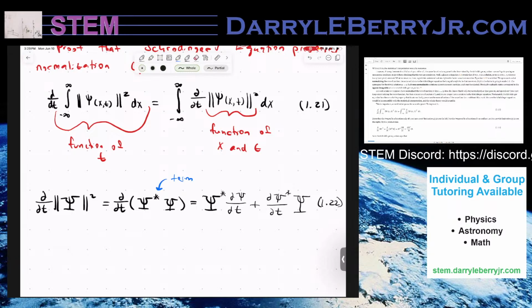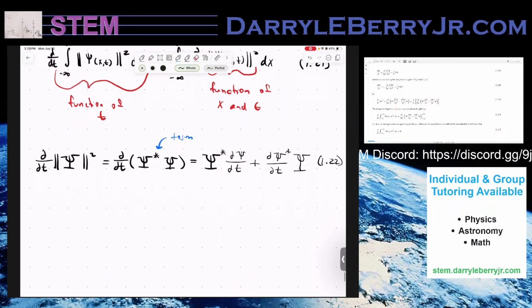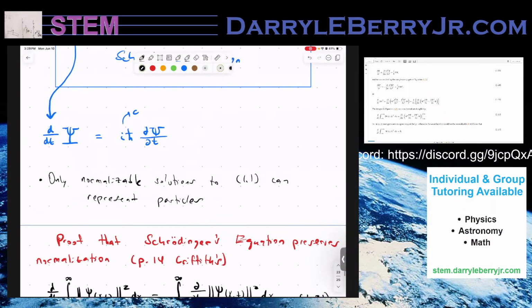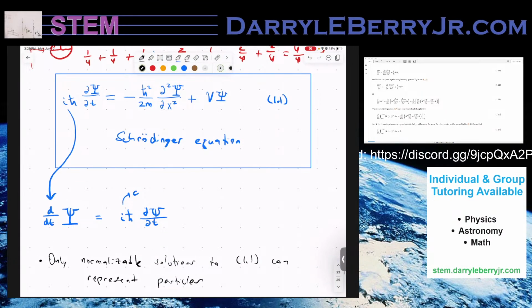Now the Schrodinger equation says that, right? So basically it's just rewriting the equation. Okay.